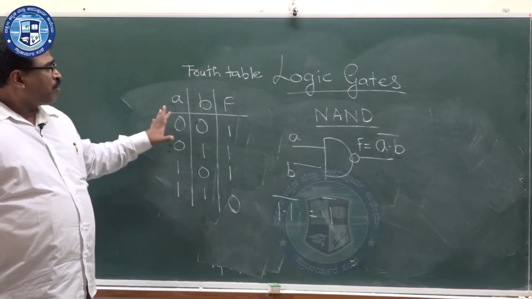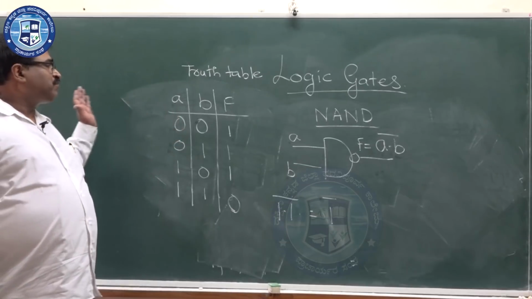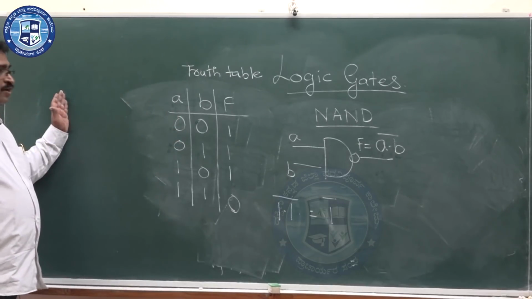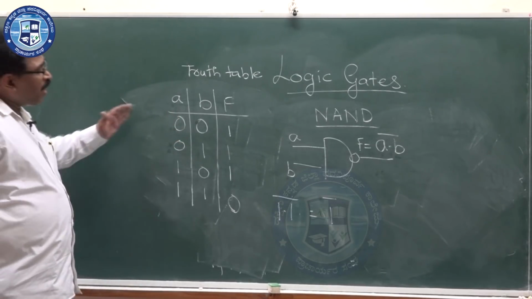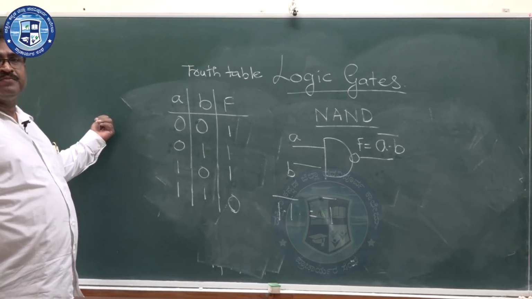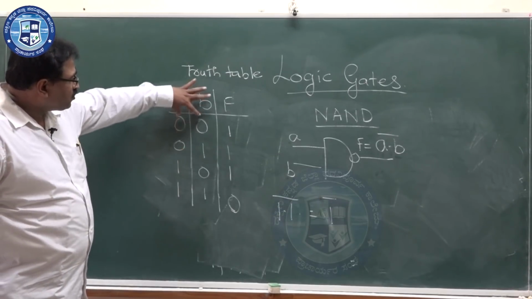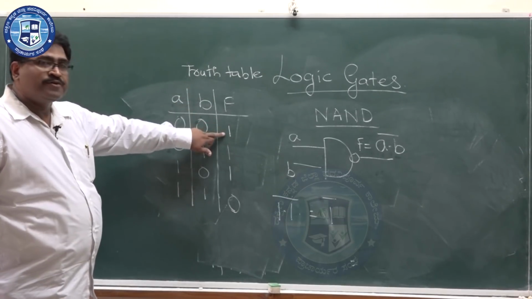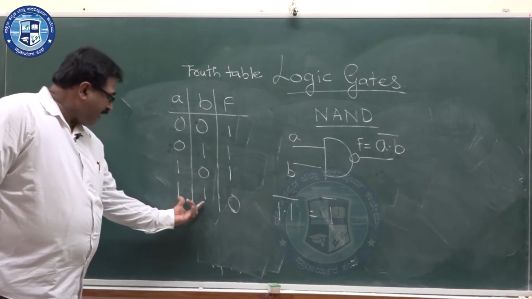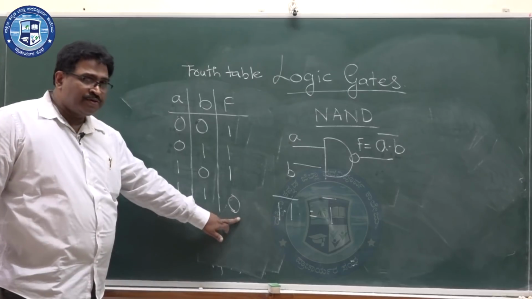So what you can observe from this, if you have the truth table of AND gate, you can see that the output is exactly the reverse of the AND gate. For AND, when these two were 0, what was the output? 0. For AND, when these two inputs were 1, what was the output? 1.